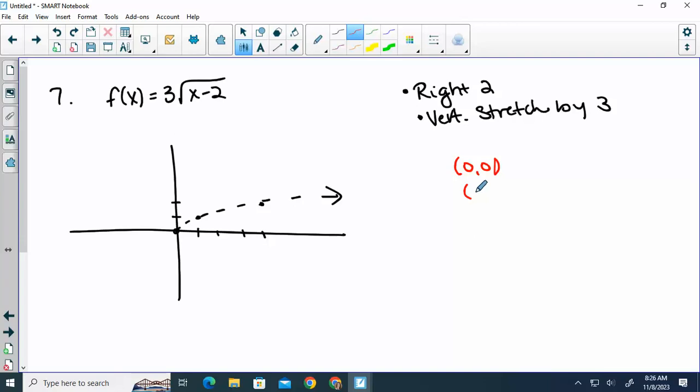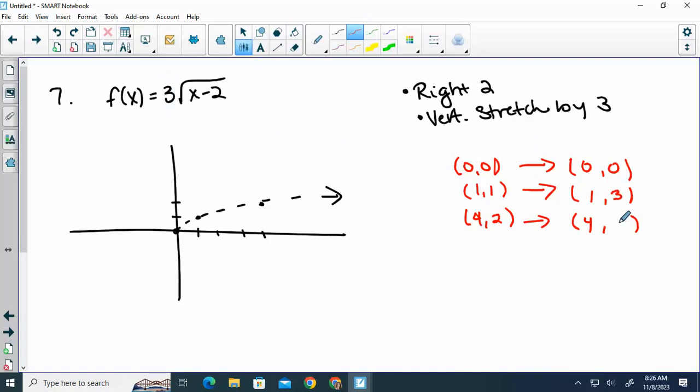These are the points we currently have. When you stretch, that's on the outside. So is it changing the x or the y? The y. So my x's stay the same here. But outside is y and it does what it says. So it's saying take it times 3. So 0 times 3 is 0. 1 times 3 is 3. 2 times 3 is 6.